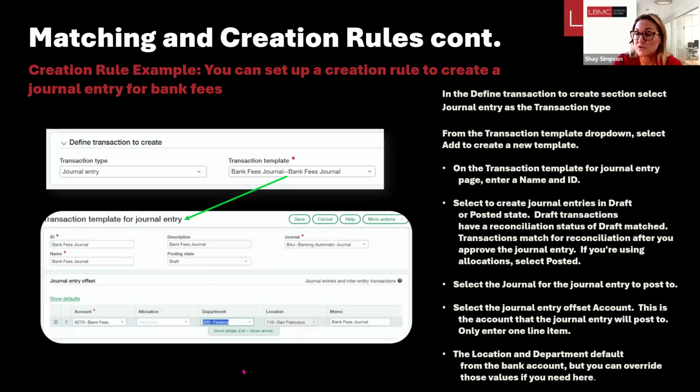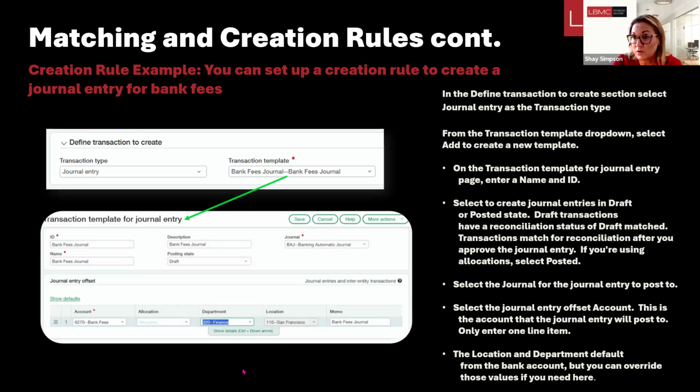Again, creation rule, just like we talked about before, a good example of that is going to be our bank fees. It's going to look to a particular criteria on the banking side. A lot of times that's in a description or in a memo section on the banking side, and we're going to look for keywords.